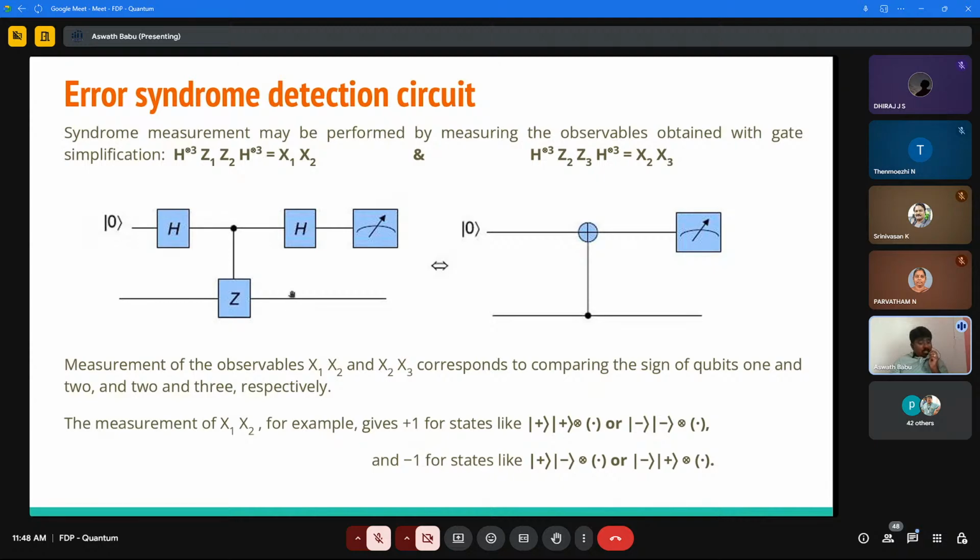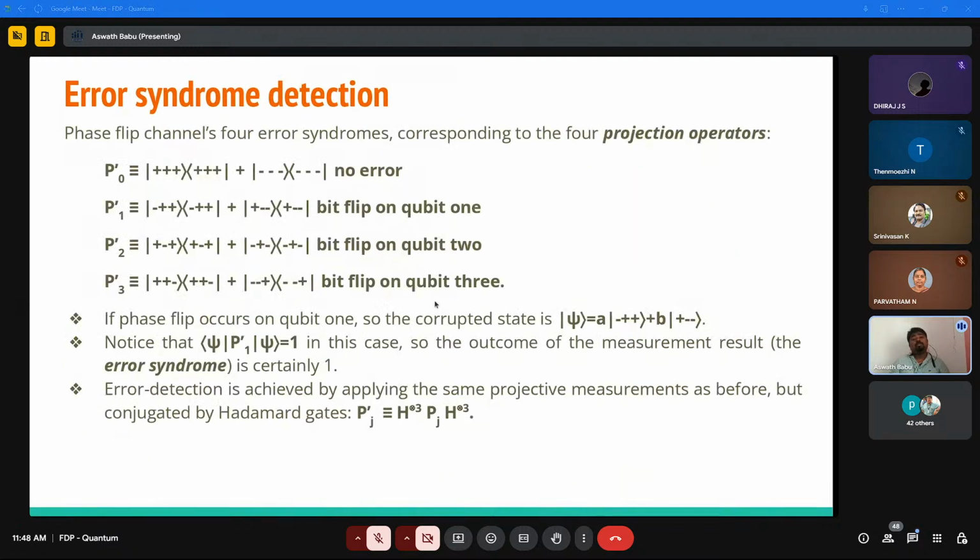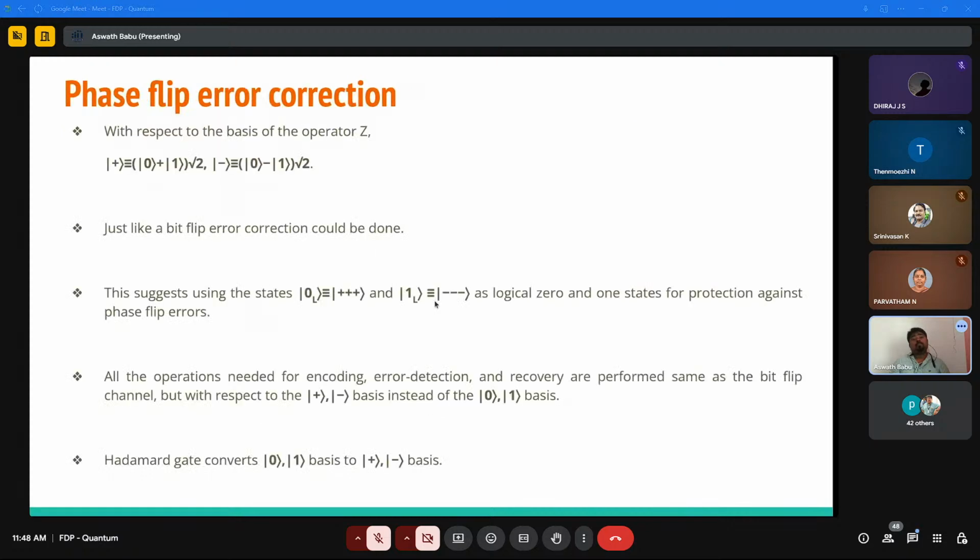Information usually travels from control to target, but the moment you add Hadamards on either side of the control, it becomes reversed. Instead of a control Z gate from top to bottom, we have a control X gate from the bottom to the top. So that is the strategy being followed here.